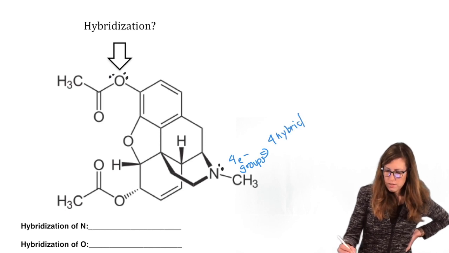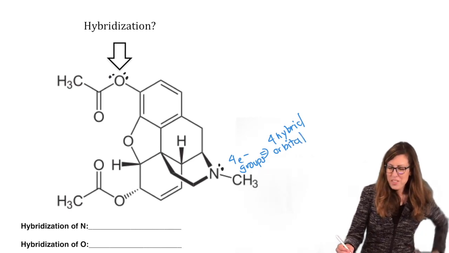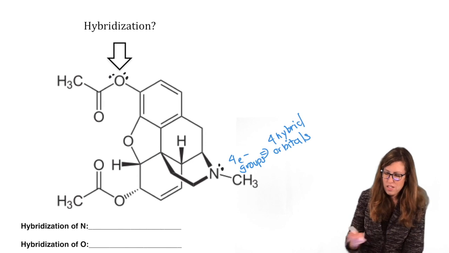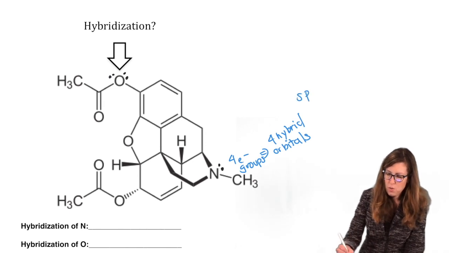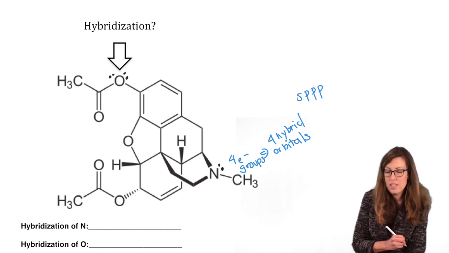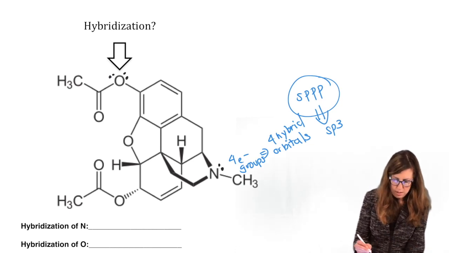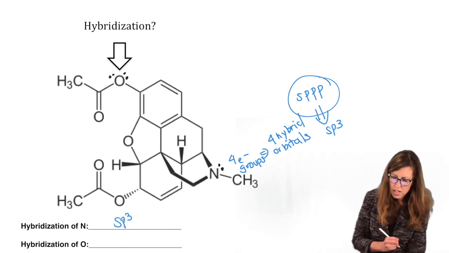And since we're in second row, you don't get to choose from very many, right? S and P, not even D. So if we have 4 orbitals being used and we're using all 4, then that means we have sp3.